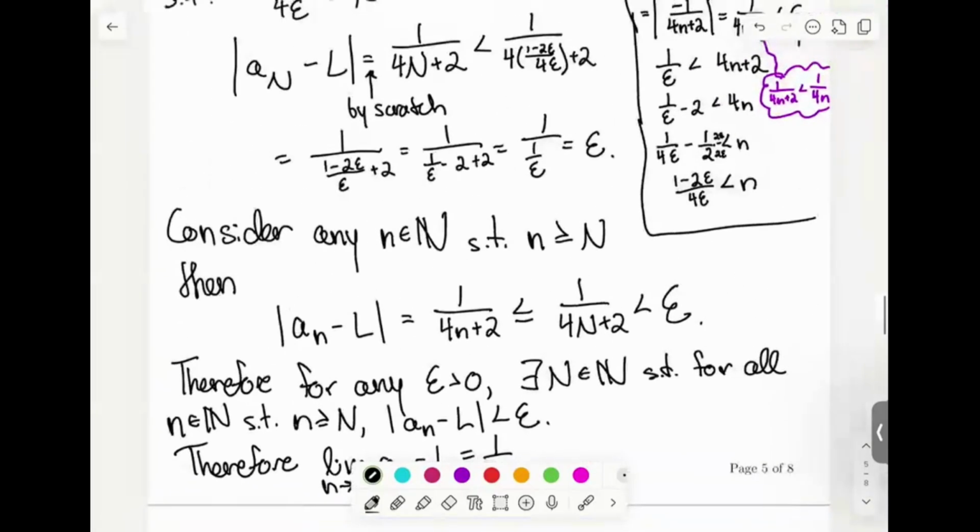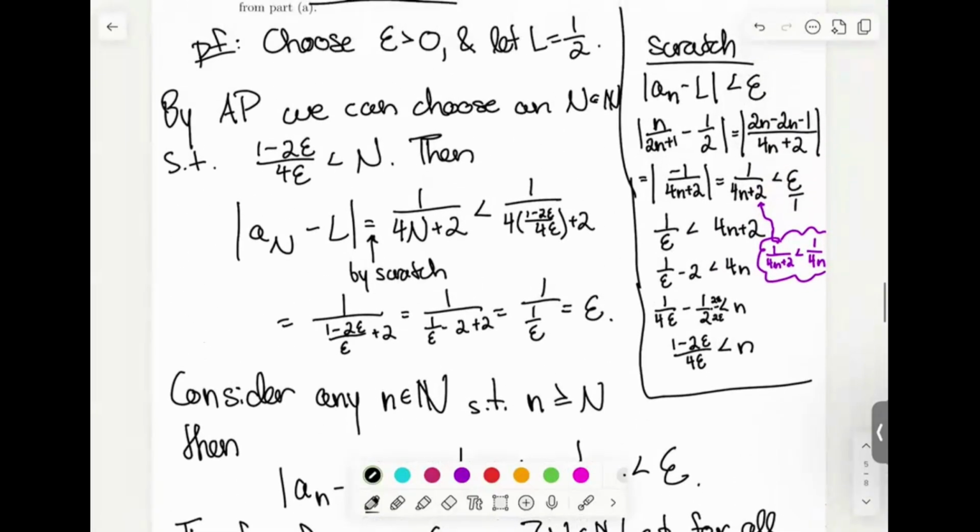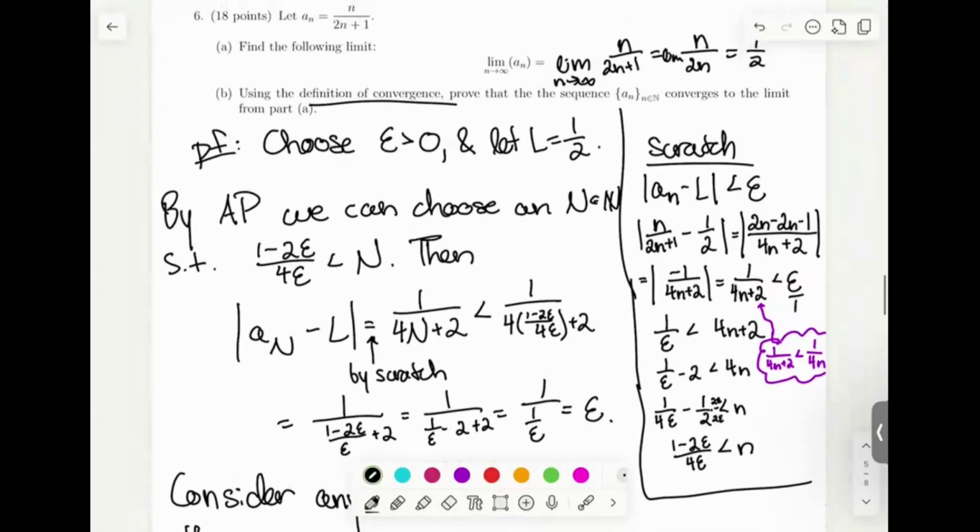Okay, so that was kind of crazy, so let's go over it again. How does a convergence argument go? Well, you first choose some epsilon greater than 0. You also need to know who your limit is, right? And then I go over into scratch. I'm assuming here what I'm trying to prove, but I'm allowed to do that because I'm in scratch, right?